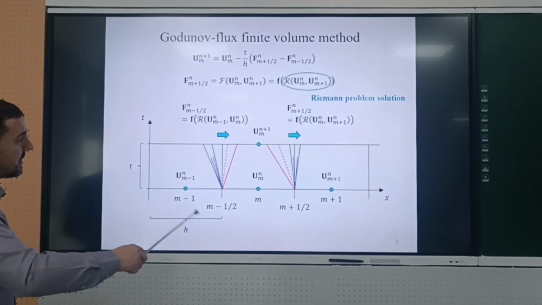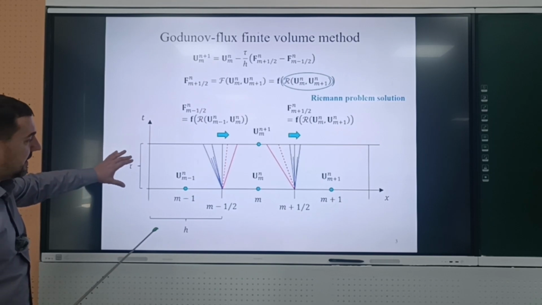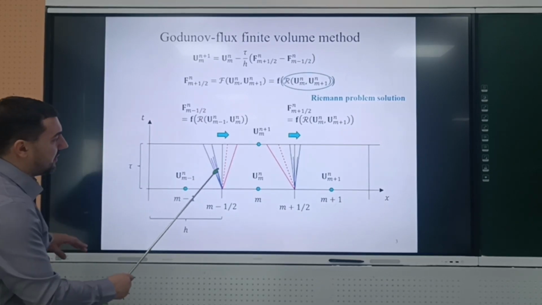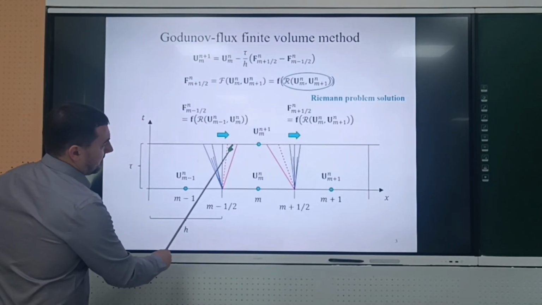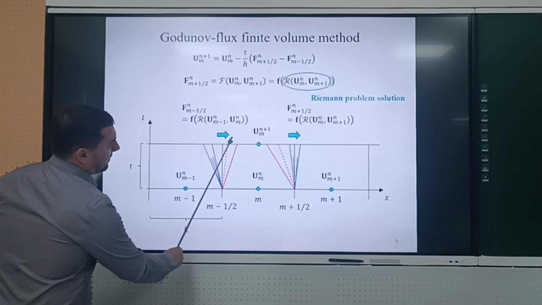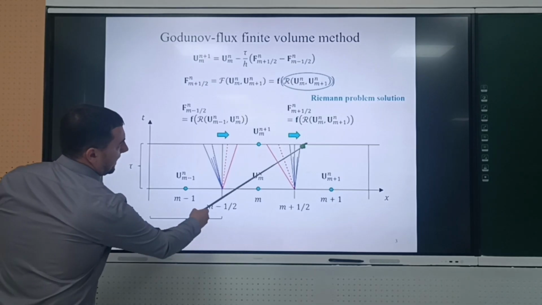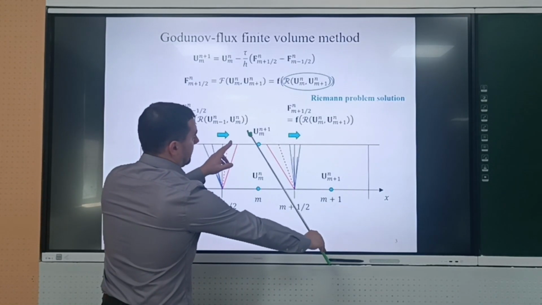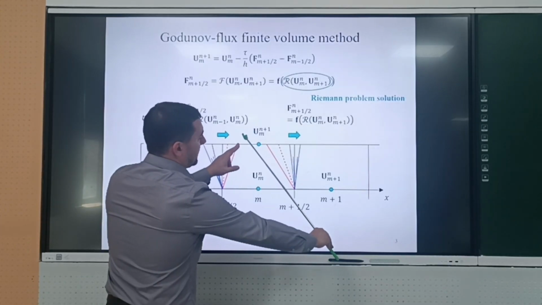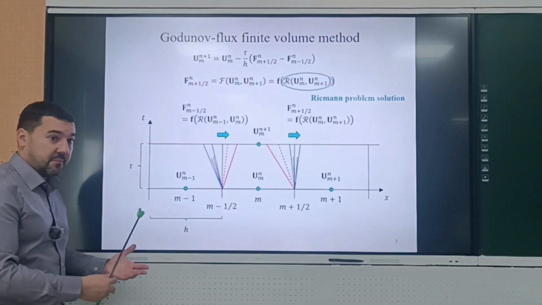And this picture also illustrates that our time step tau should not be arbitrary. It should be small enough, because we can have a situation when this shock wave at t^{n+1} can reach the neighboring cell, that's bad, or the situation when characteristics intersect is also bad. In this case, we can get numerical instability.